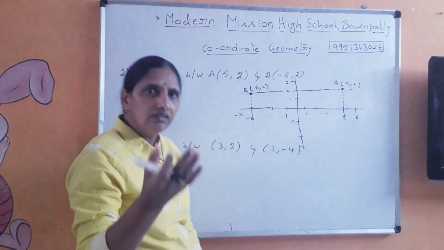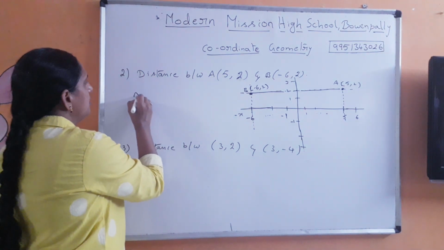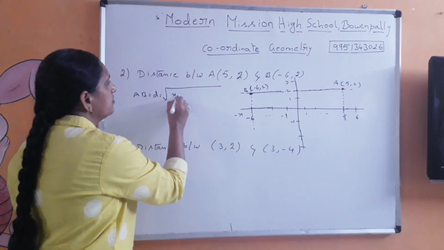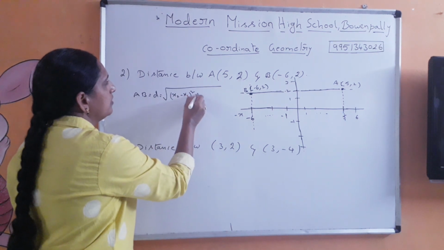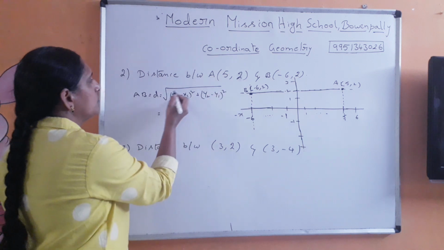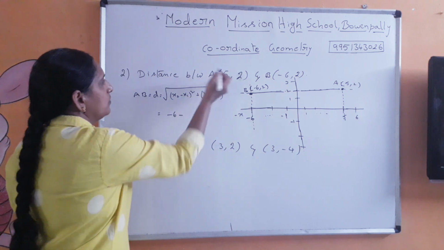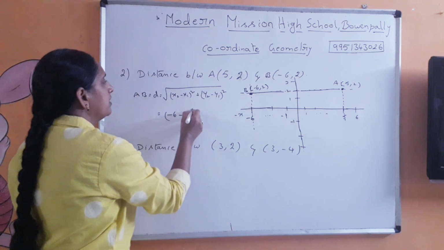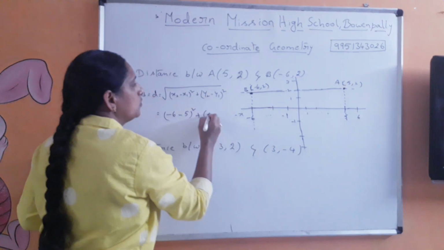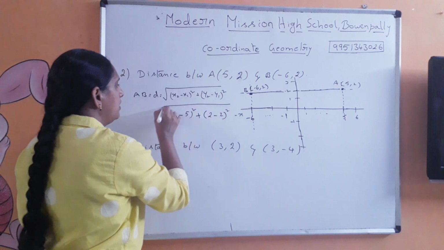The third method, the most general method, is substituting in the formula. AB is equal to D is equal to square root of x2 minus x1 whole square plus y2 minus y1 whole square, which is equal to x2 minus x1: my x2 is minus 6, minus x1 is 5, whole square, plus y2 minus y1: y2 is 2, minus y1 is also 2, whole square, under root.